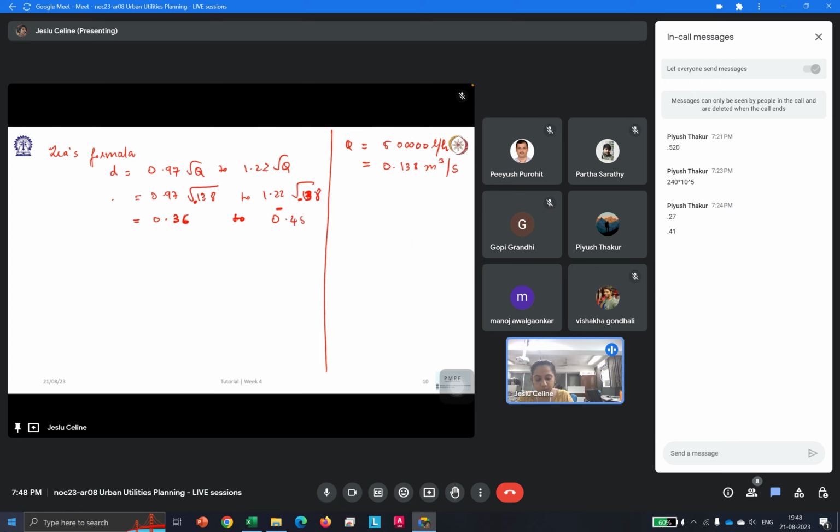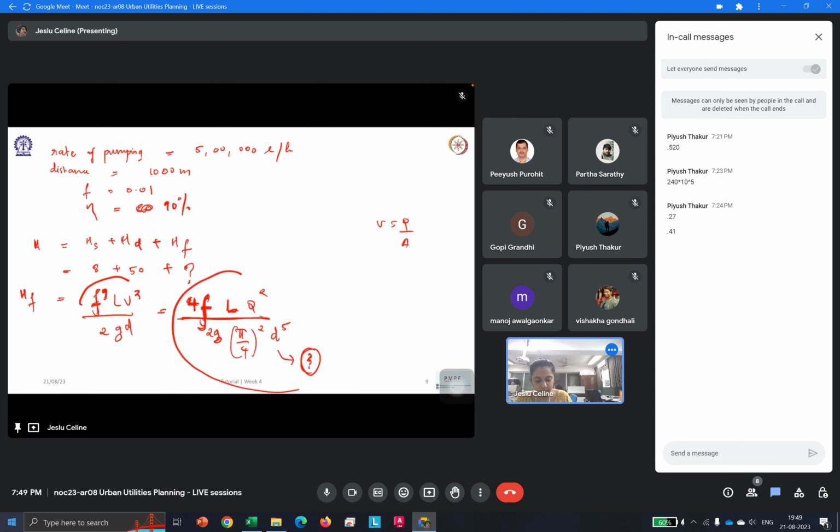Here, let's not round it off immediately, let's keep it up to 2 decimal places. So 0.45 meters. Now for HF, because we have two diameters, we'll have two HF values. So our HF for 0.36 we will find first, using the same formula which we discussed over here.